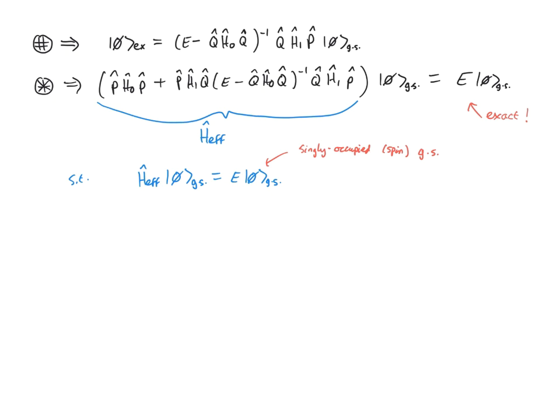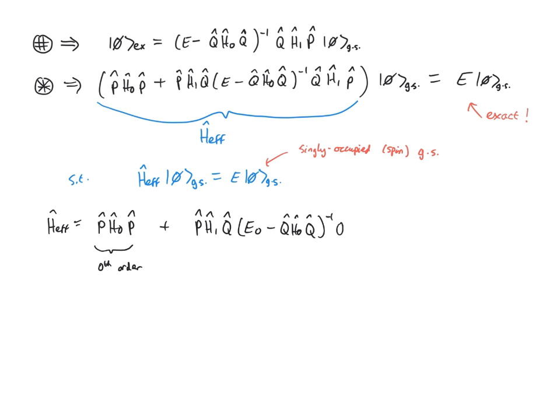What does that then look like? It looks like the following. I can write H effective in terms of a 0th order piece, which is just this first term, and then the next order up is actually second order in H1, and that's going to look like P H1 Q, E naught this time minus Q H naught Q, inverse, Q H1 P, and this is the second order term.